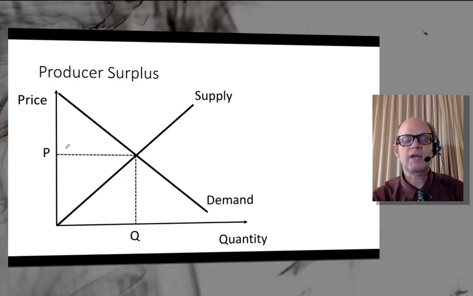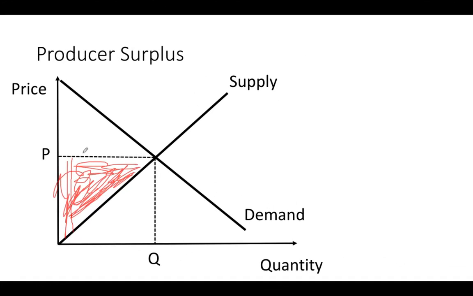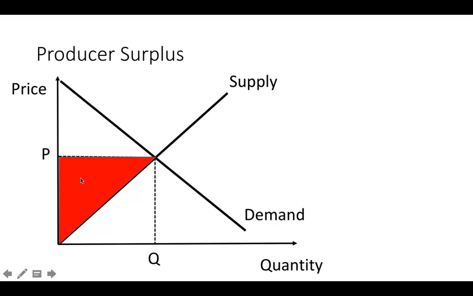So that seller's very happy, very excited, because their marginal cost is here, but the price was up here. So that's a benefit to the seller. If you include the benefits of producing all of the units in this market, you get a producer surplus that looks like this. And there it is, colored in.